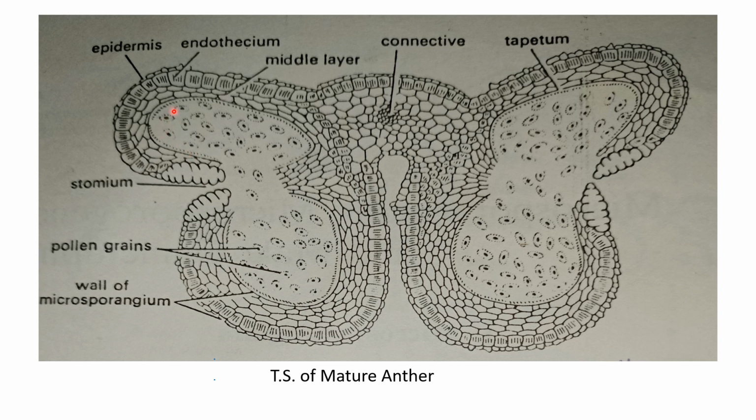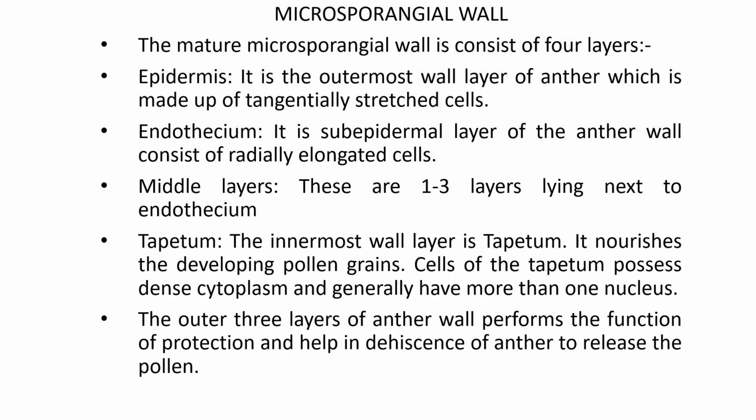The pollen sac contains the sporogenous tissue which later on forms the microspores or pollen grains.